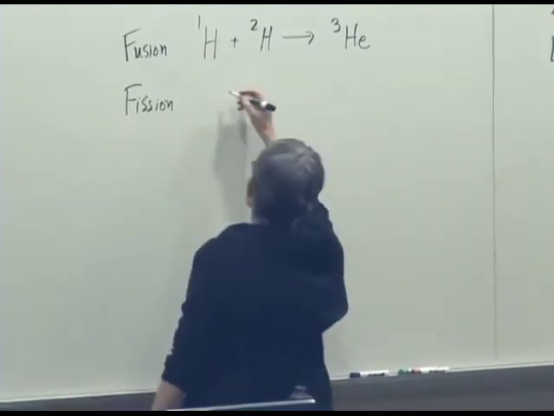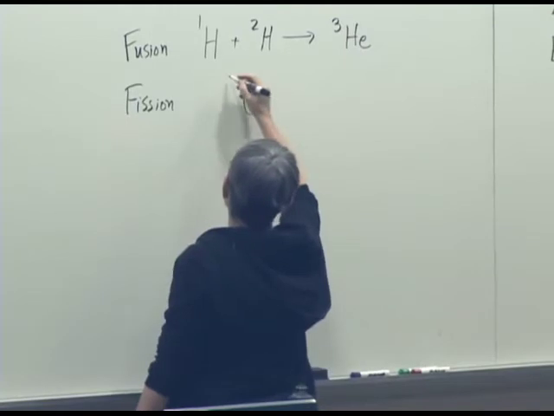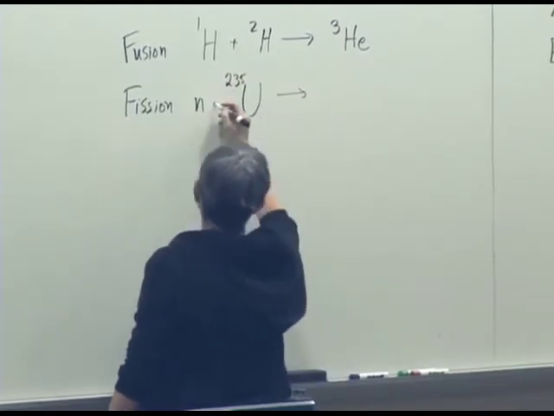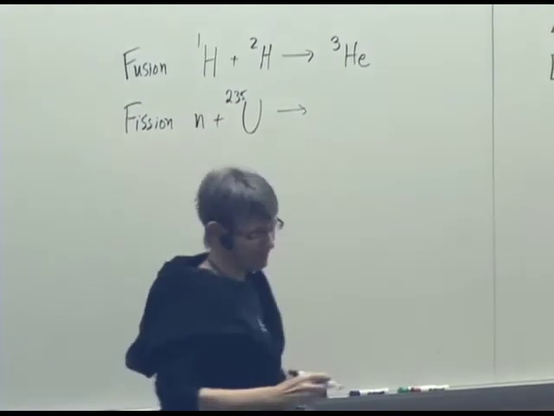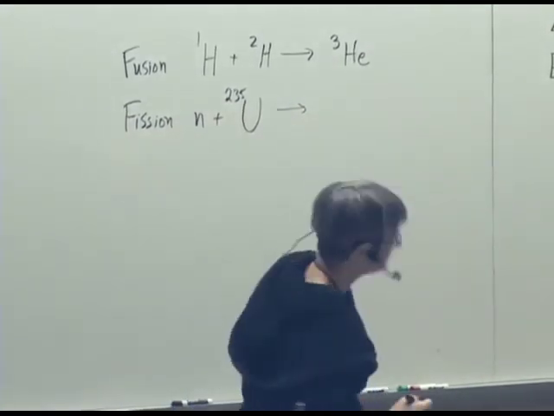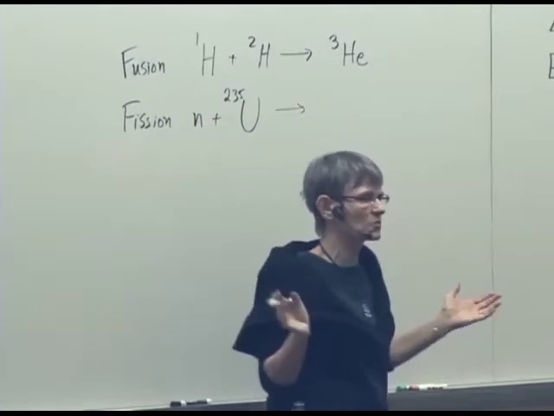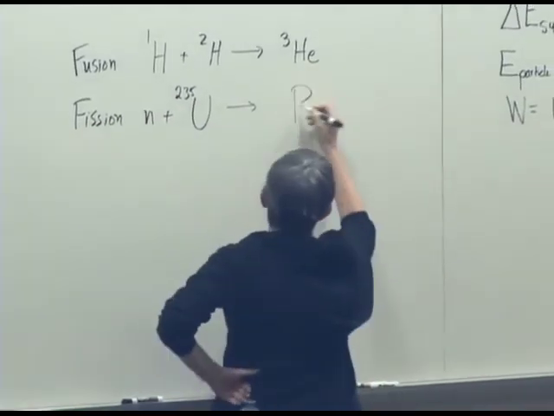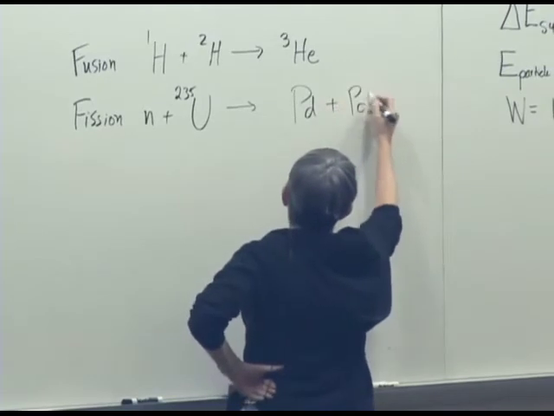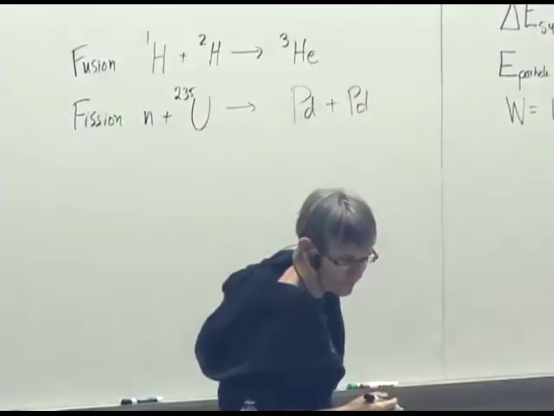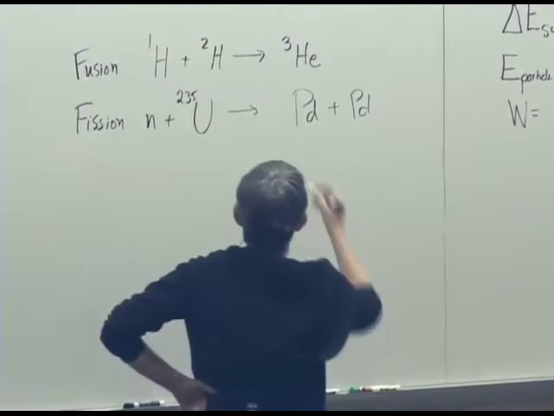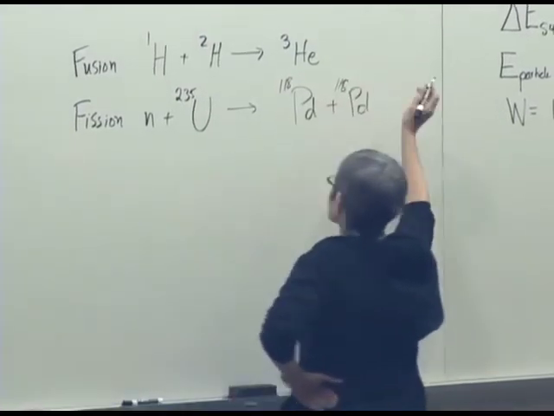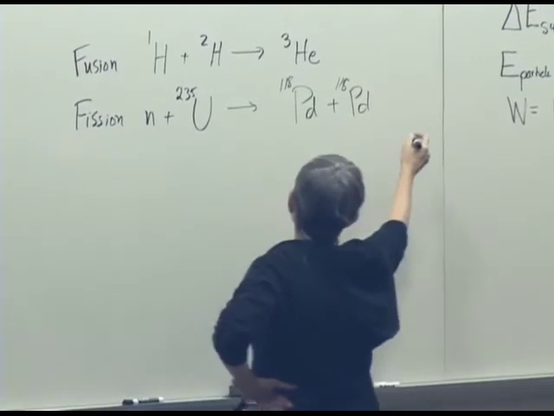The most common we know about is uranium-235, which when it's tickled by a slow neutron can split any number of ways. So it could split into a couple of palladium nuclei. It's one mode there, and there's some neutrons around here too.